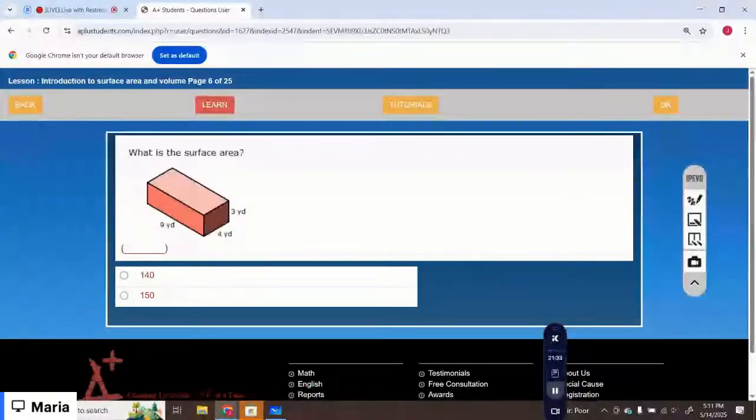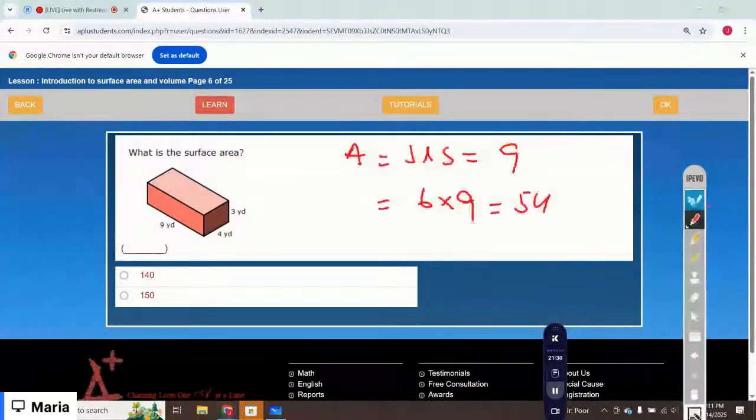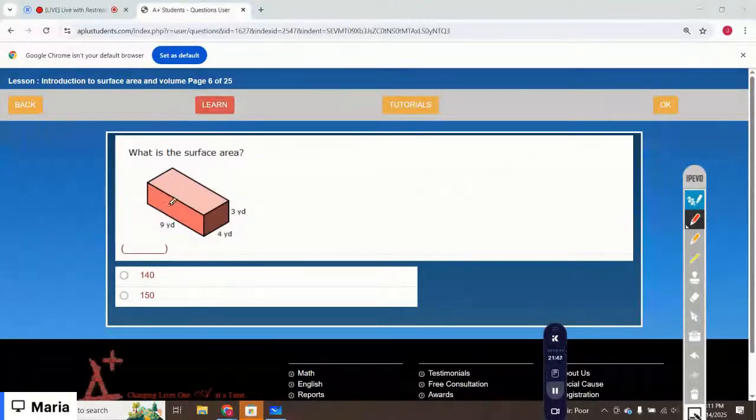What is the surface area? Let's just calculate the area of each face and then we have to add them, right? So start with the top one that has the 9 and 4.